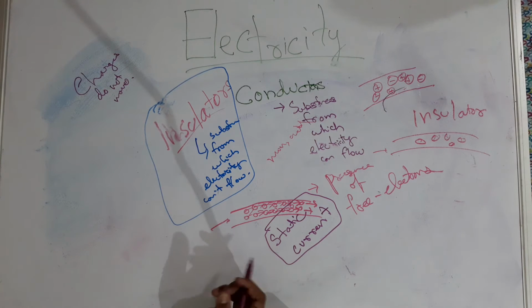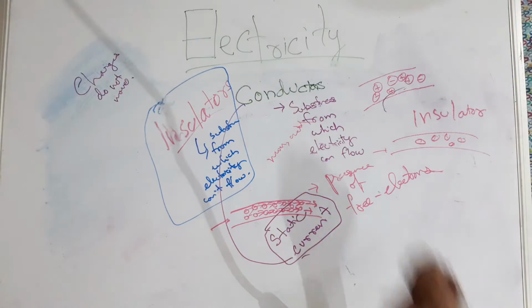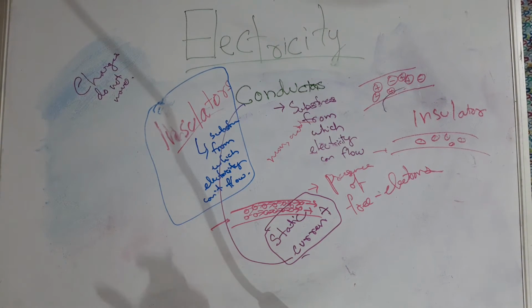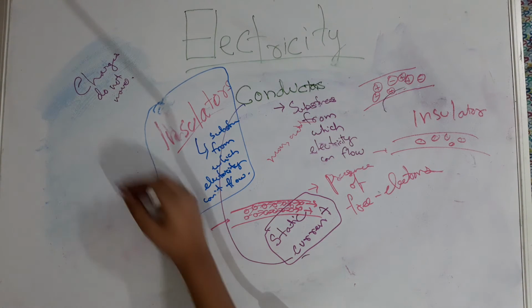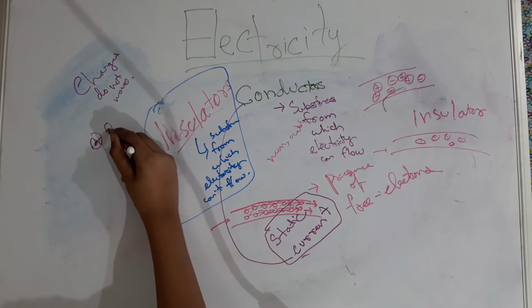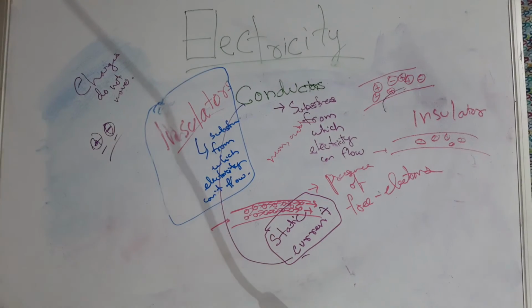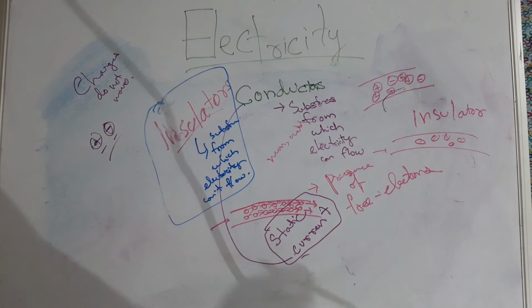But in current electricity, which is found in conductors such as metal and graphite, the electric charges, negative and positive, electron and proton, can move freely. So this is what electricity is, till now, till conductors and insulators.